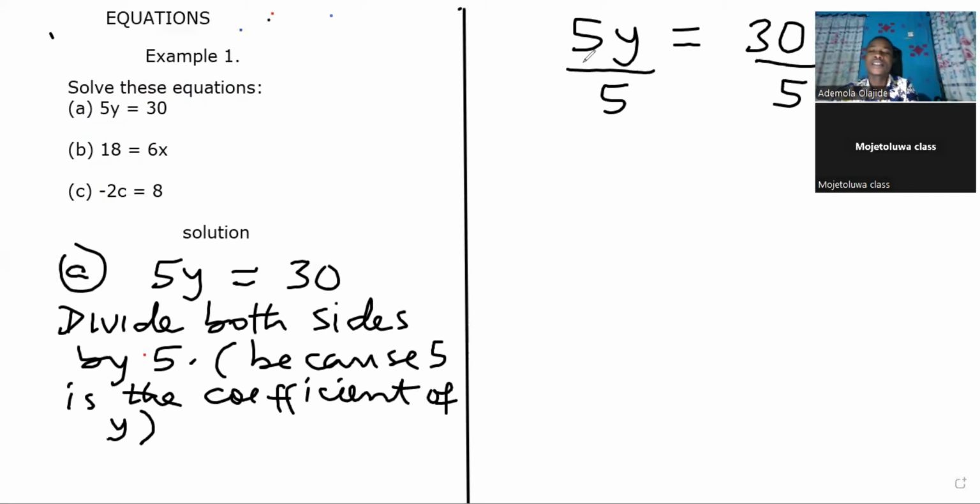When you do that, the essence is for this 5 and this 5 to cancel. Since your objective, your target is to isolate letter y, to make letter y alone, stand out. So this 5 will cancel this 5.